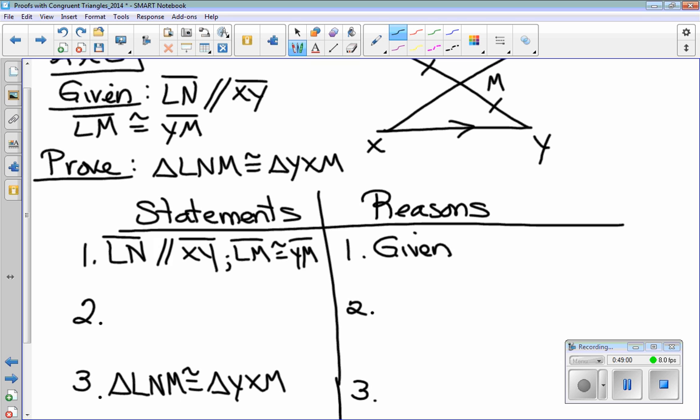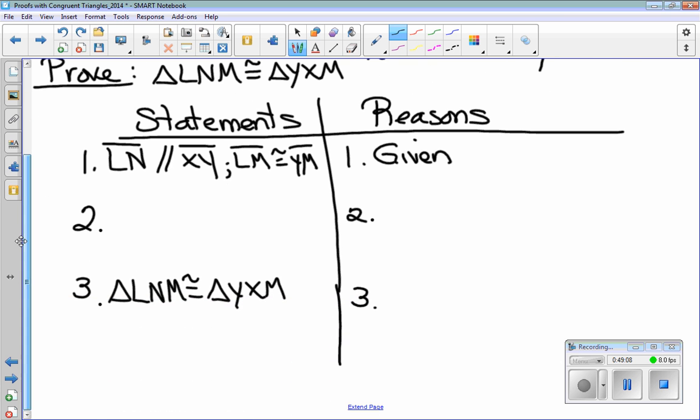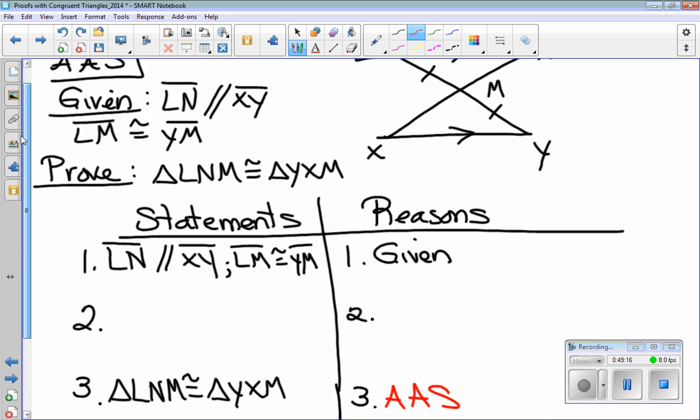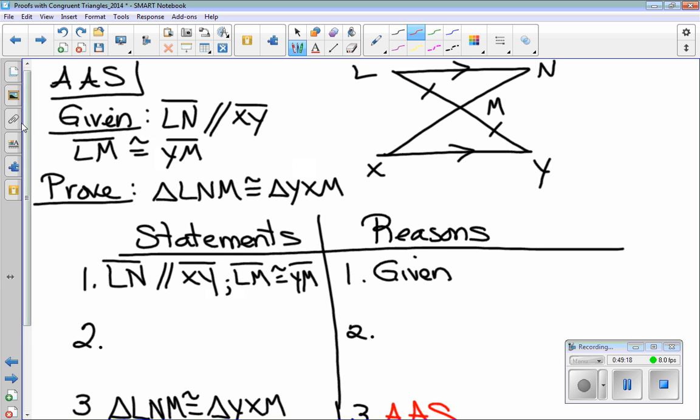It can be angle side angle or angle side. Because we are in the angle side section of our foldable, we know we're going to use angle side. That's going to be very helpful with what I pick for my second statement.